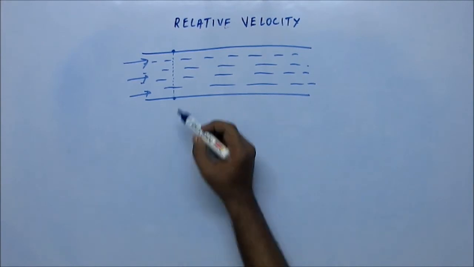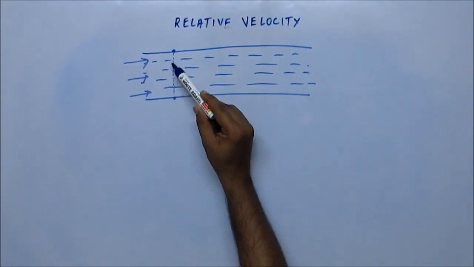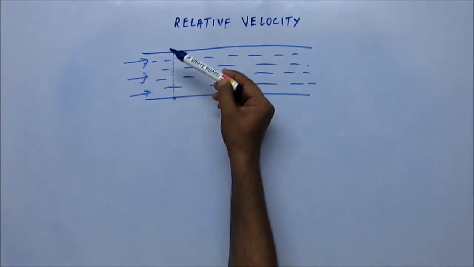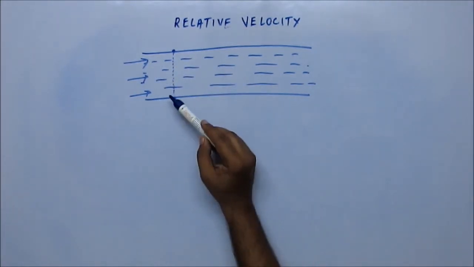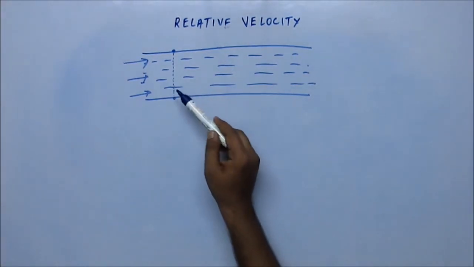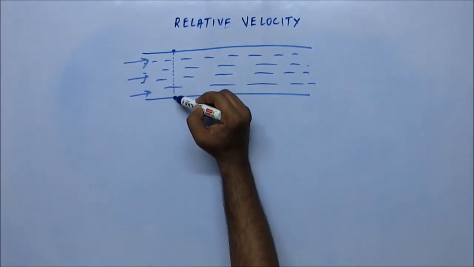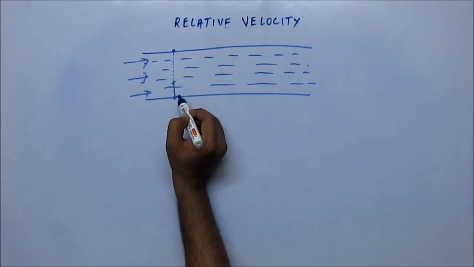Because if you target to swim straight in water and reach directly on the other side, due to the velocity of the water, you will inherently gain some velocity from the water and you will drift during the course of swimming. So you intended to go in this direction, but actually you have gained some velocity in this direction.